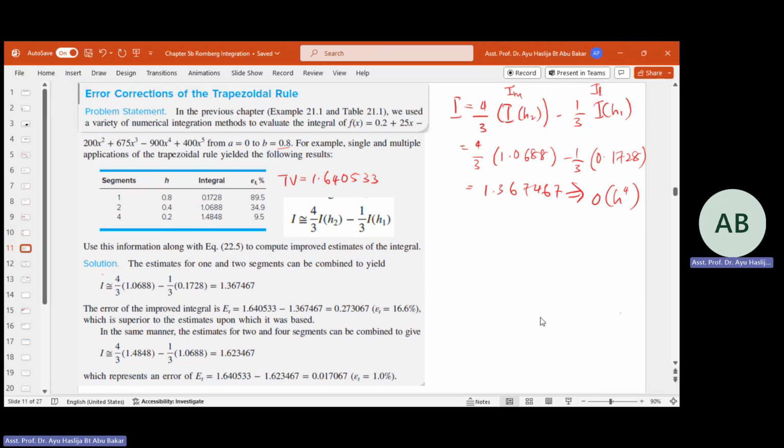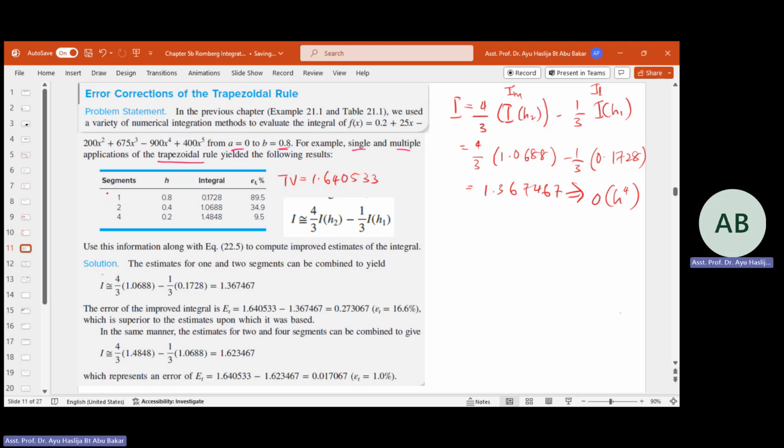This example from the textbook used the same function as we did in trapezoid and Simpson last time. The range is still the same. Last time, single and multiple application of the trapezoid yielded this result.